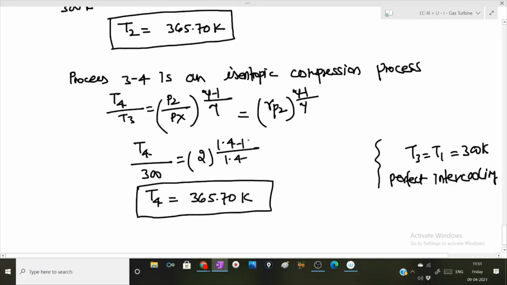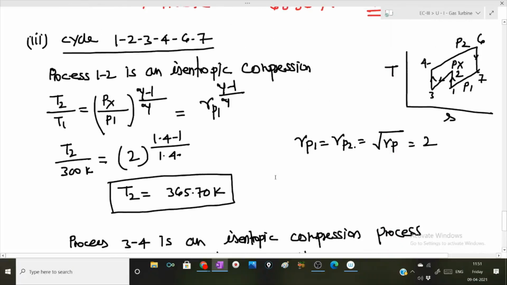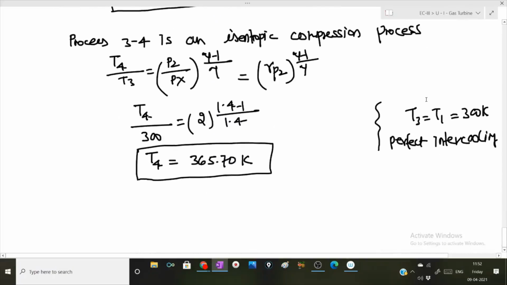During the compression process 1 to 2, initial temperature is 300 Kelvin and pressure ratio is 2. So T2 comes out 365.70 Kelvin. Similarly, during 3 to 4, T3 is equal to T1 is equal to 300 Kelvin and the pressure ratio is also the same. So T4 will be equal to T2, so 365.70 Kelvin.